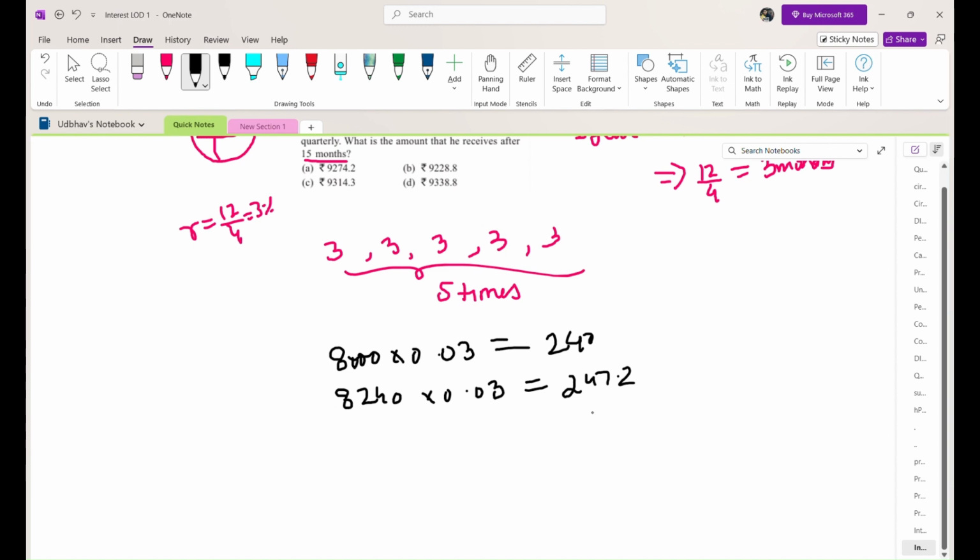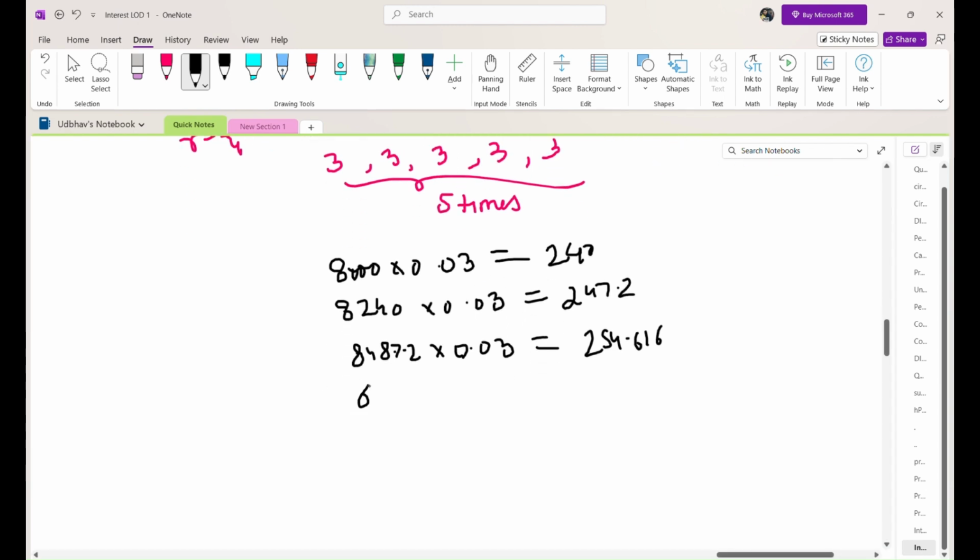So this will be 8487.2. 8487.2 into again 0.03 will give us 254.616, which will again get added to 8487.2, giving 8741.816.